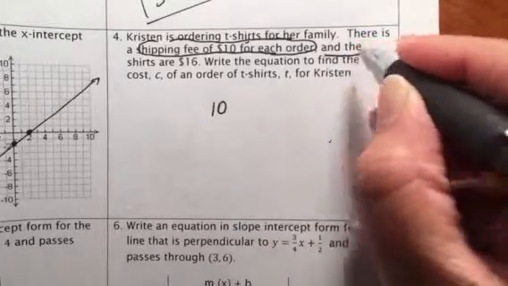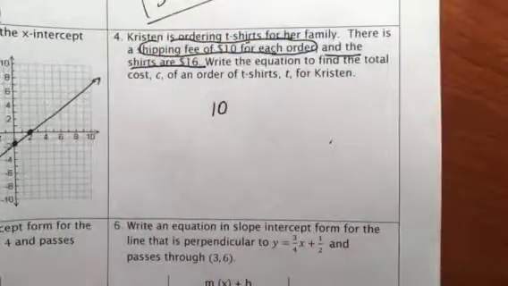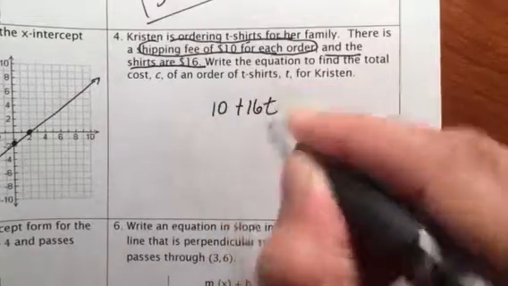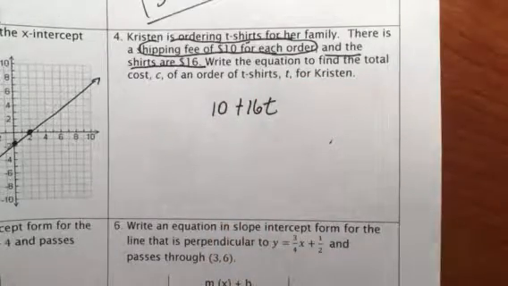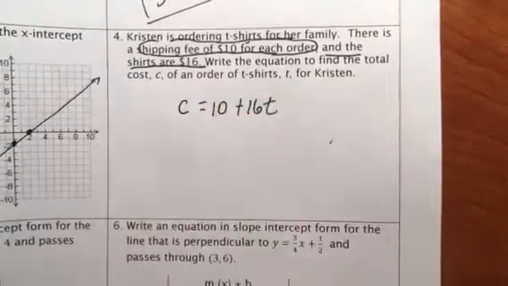And then we say that the t-shirts are $16 each. So on this problem, we're going to add 16T to it because each shirt costs $16. Well, that is our cost.